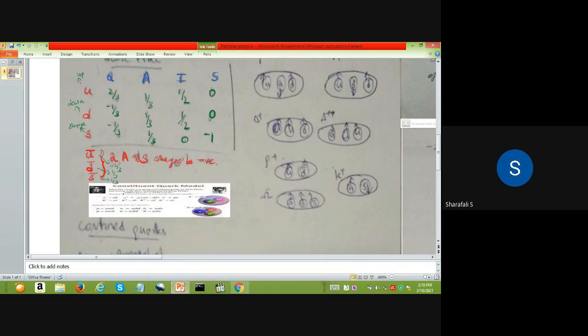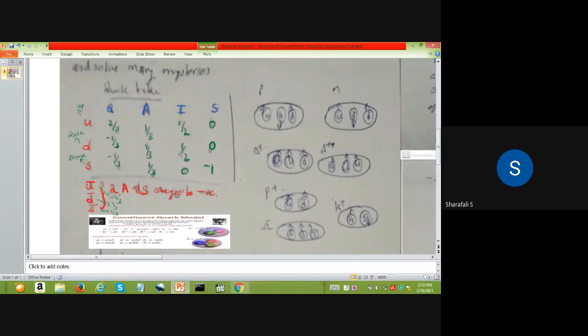That is the only difference that we can expect for these antiquarks. Only the charge, baryon number, and strangeness will have opposite polarity. If it is negative in quarks, it will become positive in antiquarks. If it is positive for quarks, it will become negative for antiquarks.